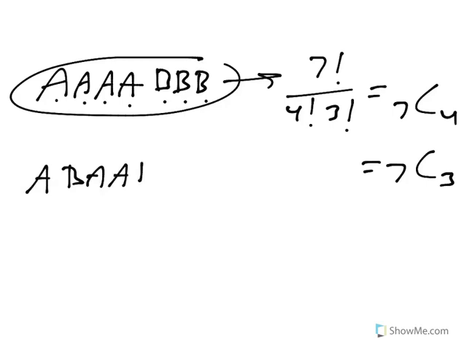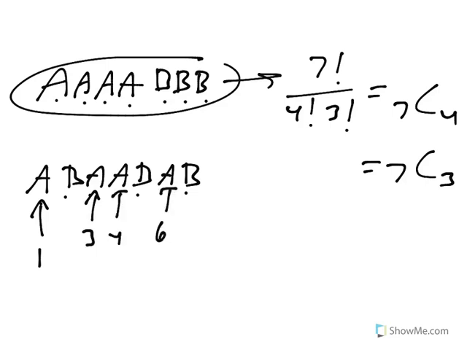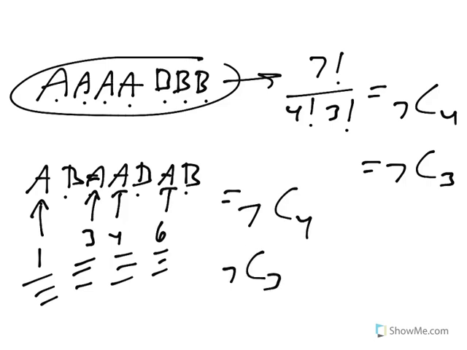By that I mean, if this is positions 1, 3, 4, and 6 that I'm picking to become the A's, it doesn't matter whether I say 1, 3, 4, 6 or 3, 1, 4, 6 or 6, 3, 4, 1. So it doesn't matter. You wouldn't know which I picked first. So it's 7C4 or 7C3 because I could also have picked which position the B's went in.